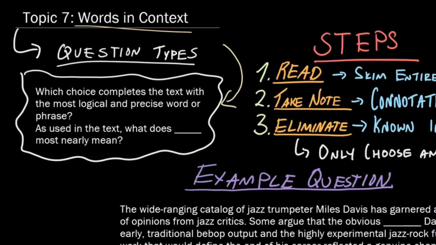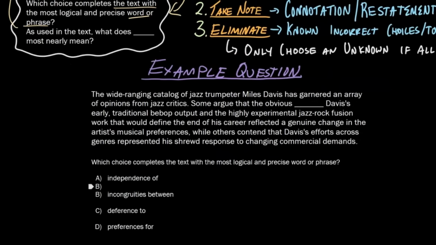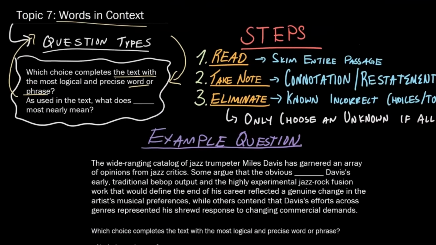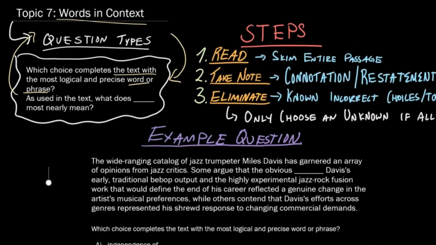So here we have, which choice completes the text with the most logical and precise word or phrase? Okay, and here we're focusing on words. Now, sometimes they'll give you a couple words that really make sense, but again, there's going to be a main word. So here, for example, incongruities or deferences or preferences or independence, etc. And then, as used in the text, this is just going to be some vocab word.